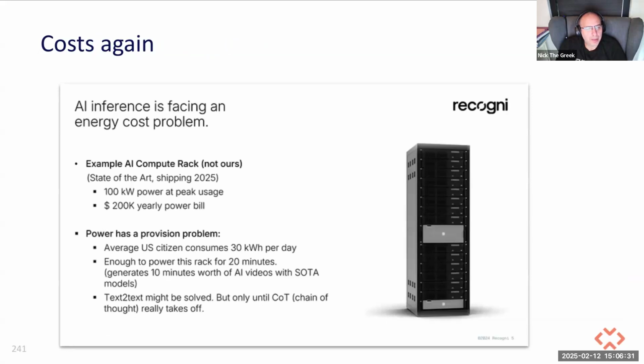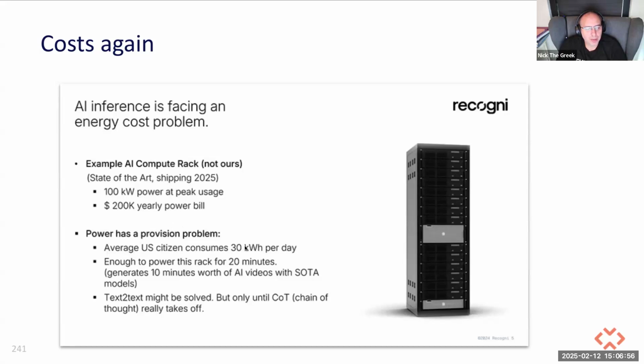And they motivate and they say, example AI compute rack, not ours, state of the art shipping 2025: 100 kilowatt at peak usage, 200K yearly power bill. And these are some interesting statistics.